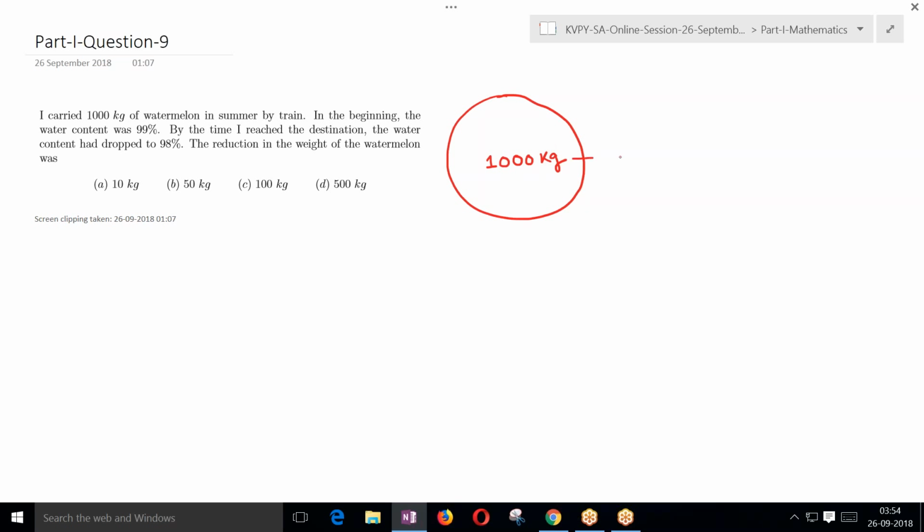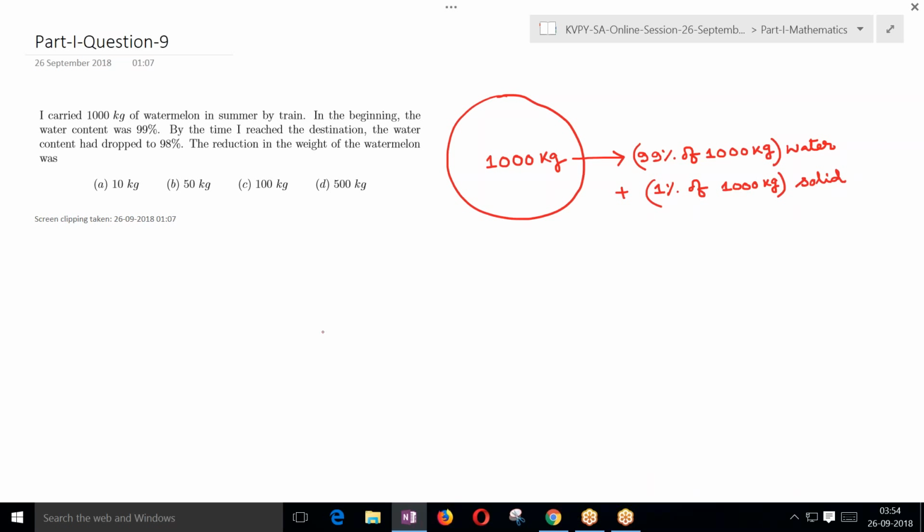This contains 99% of 1000 kg as water, plus 1% of 1000 kg that is solid.